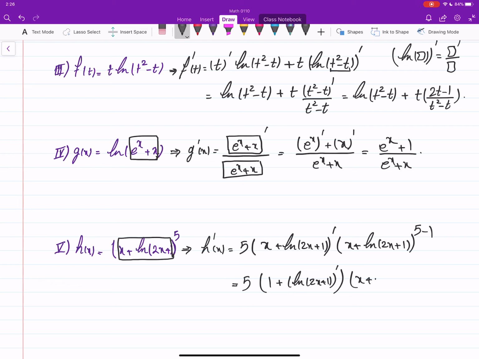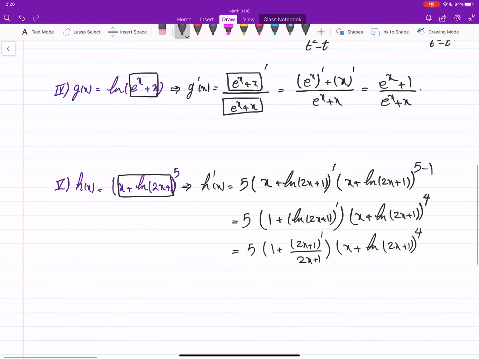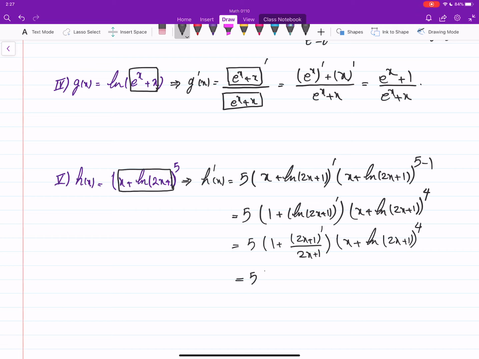And this is x plus ln of 2x plus 1 to the power 4. Well, derivative of ln of something is derivative of that something over the same function. And this is ln of 2x plus 1 to the power 4. Well, the last steps here, derivative of 2x plus 1 is 2, over 2x plus 1, times x plus ln of 2x plus 1 to the power 4.